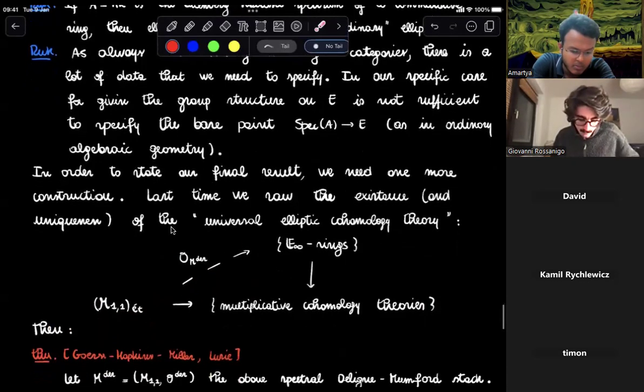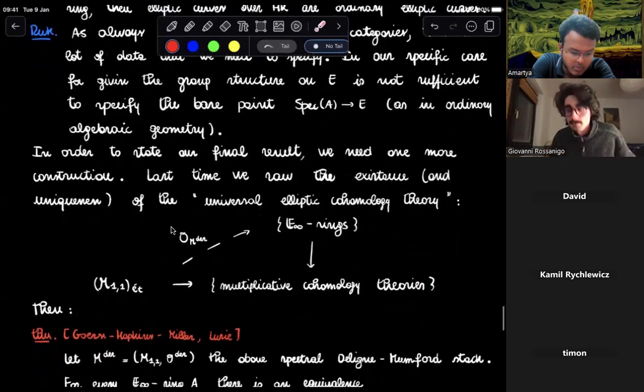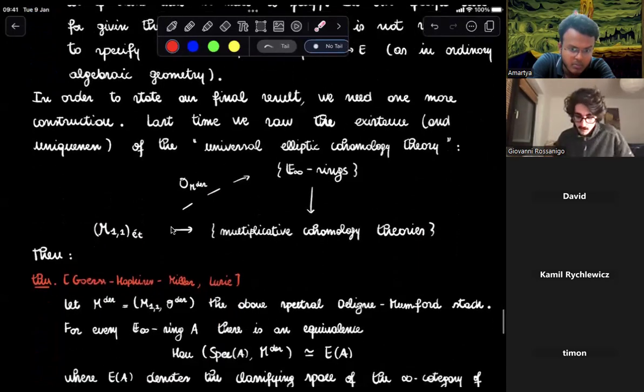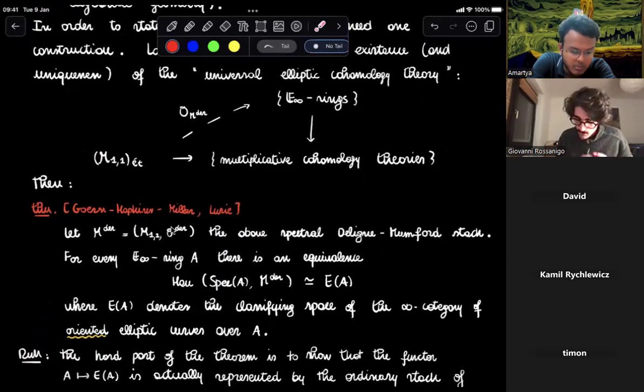And the main result, which I will not prove because the proof is very long and convoluted, is due independently to Lurie and to Hopkins, Miller, and Goerss.